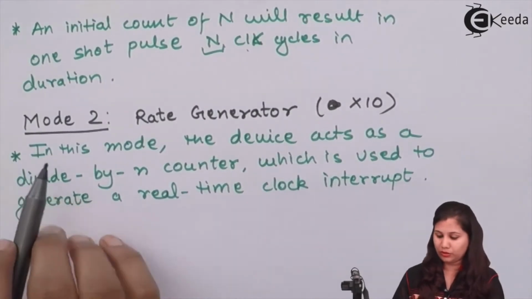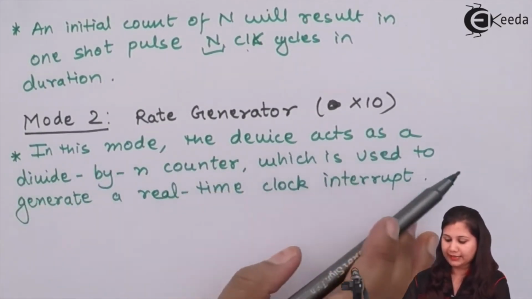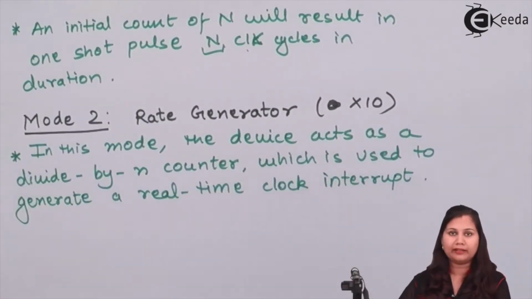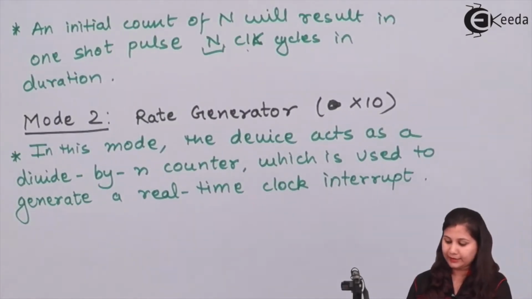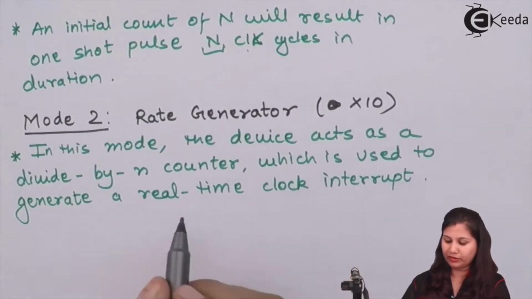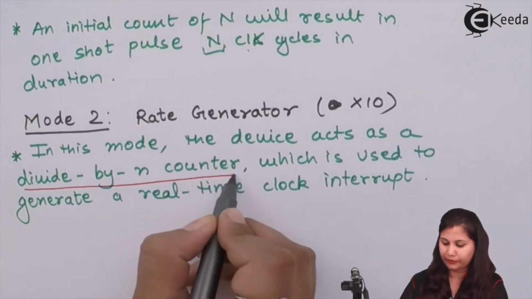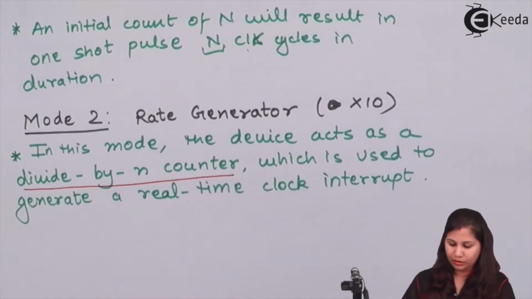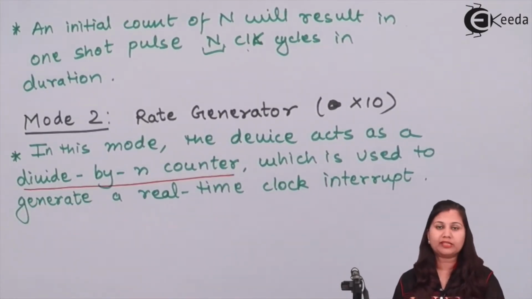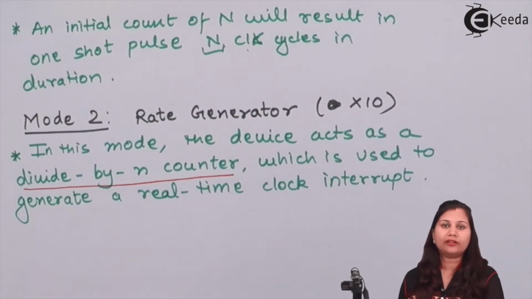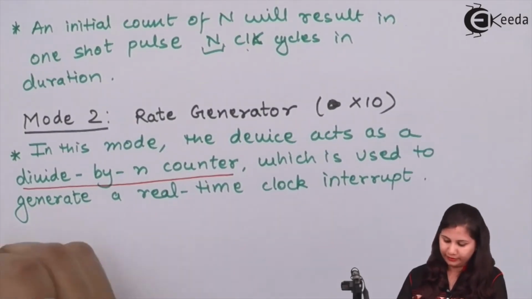In this mode, the device acts as a divide by n counter, and it is used to generate a real-time clock interrupt. Now let's see what the status of the out, clock, gate and write signals will be in it.